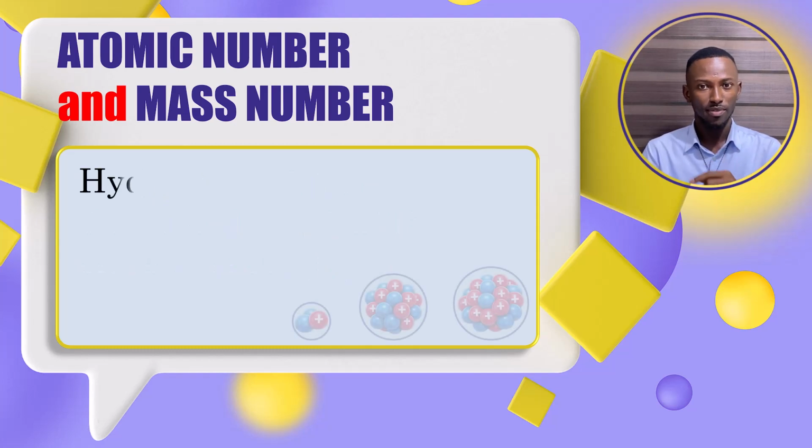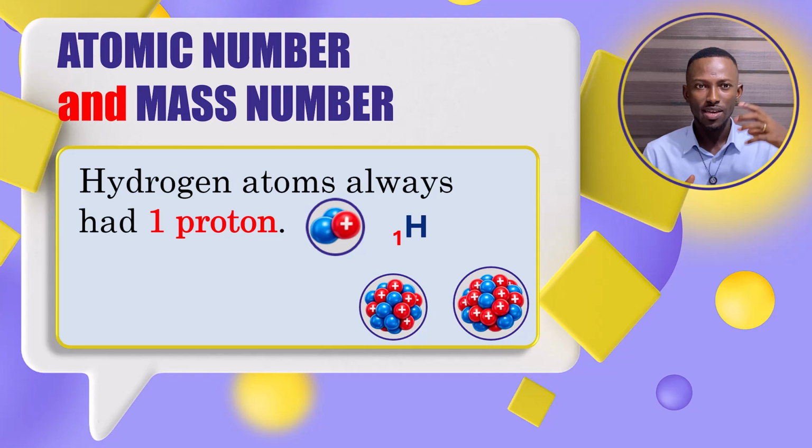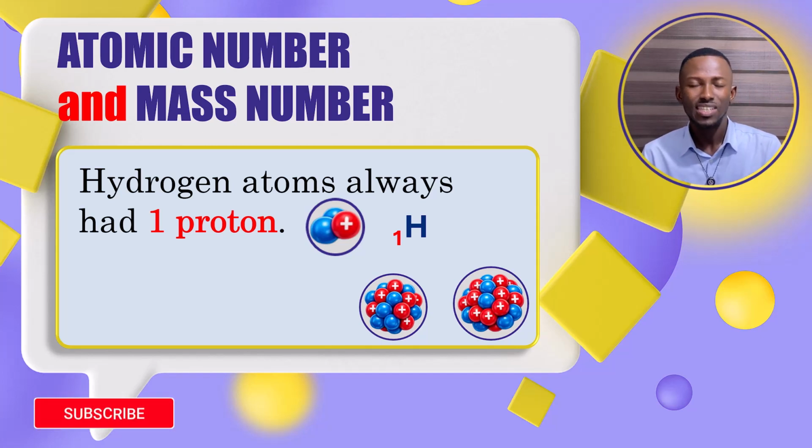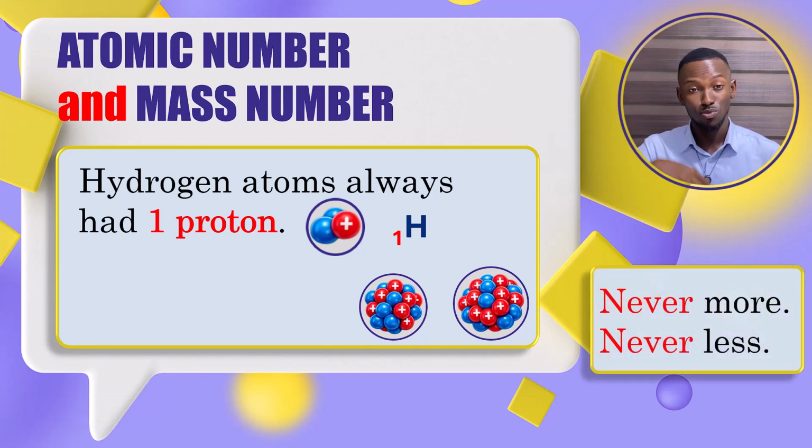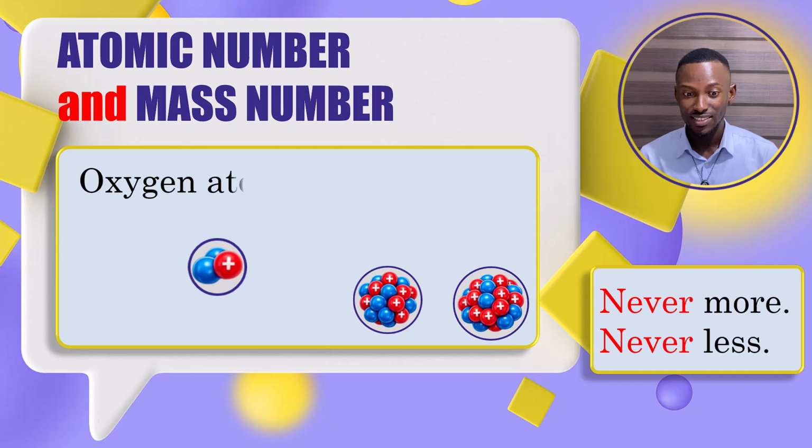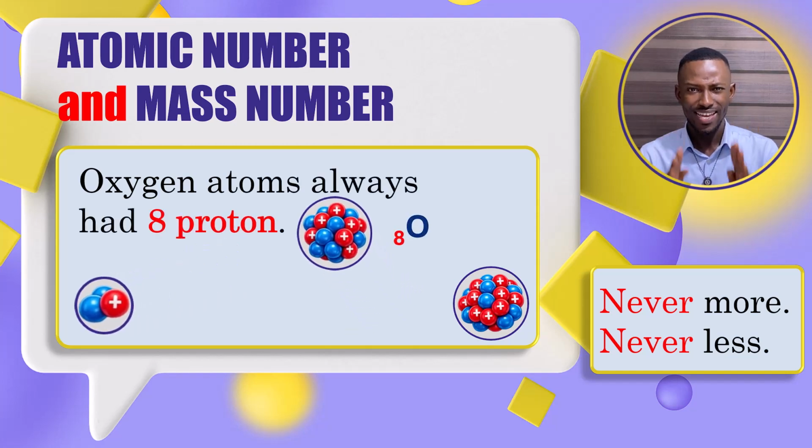What does that mean? This is what it means. If you pick hydrogen, the atoms will always have only 1 proton, not less than 1, not more than 1. So hydrogen atoms always had 1 proton. And then oxygen atoms always had 8 protons.